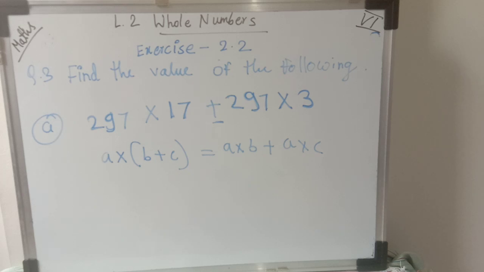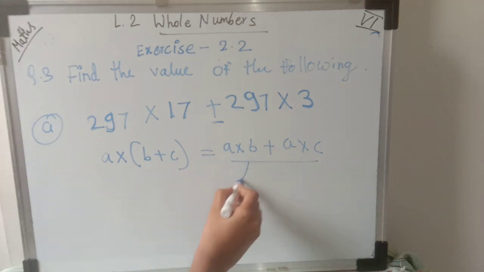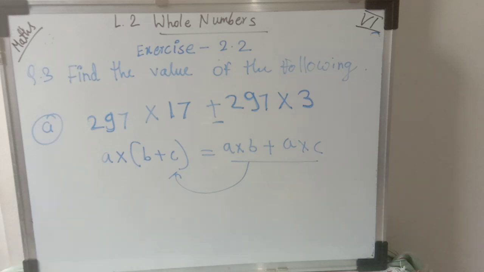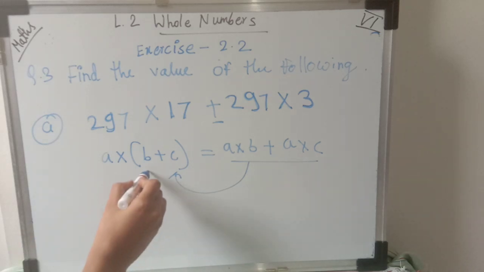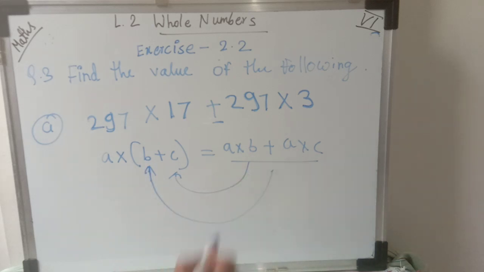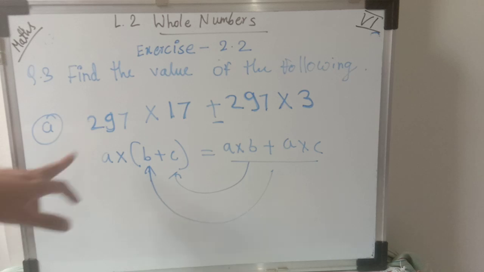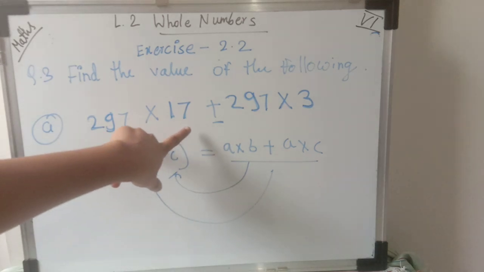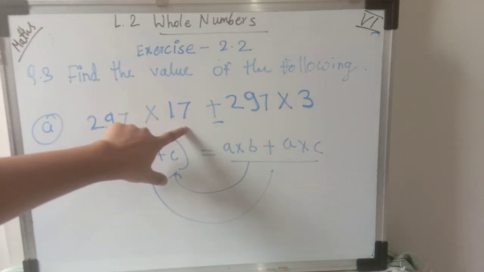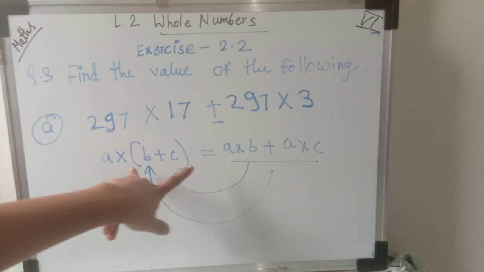Okay, and last session I told you question will come in this form. That time what we have to do? We have to convert this equation in this and then we have to solve. Sometime the example will come in this form. That time we have to convert that example in this form and then we have to solve. Now let's see the example here and let's find out this example in which form of these two equations.